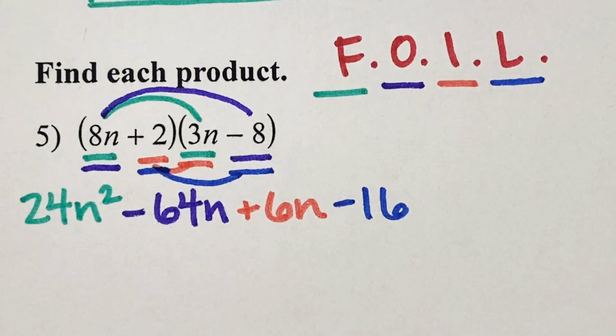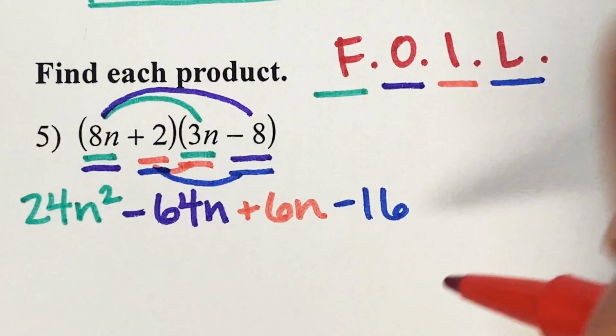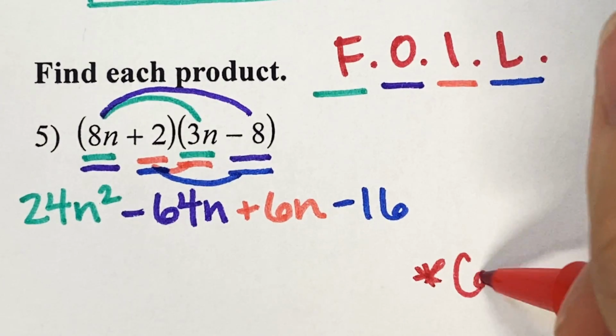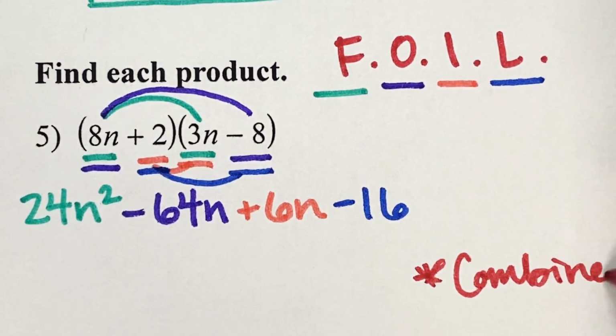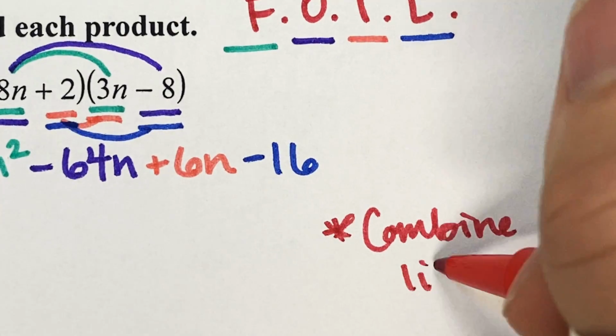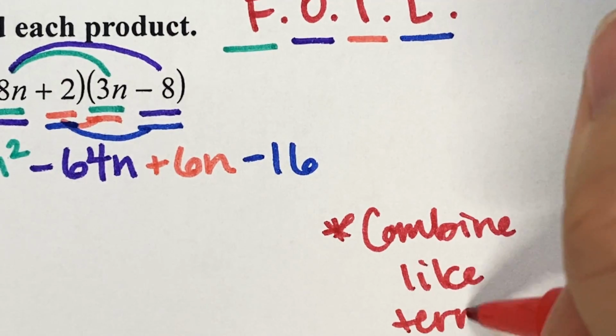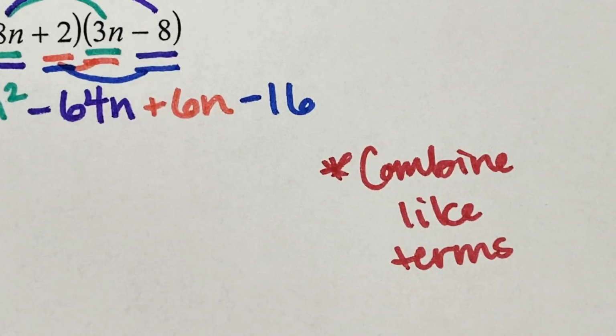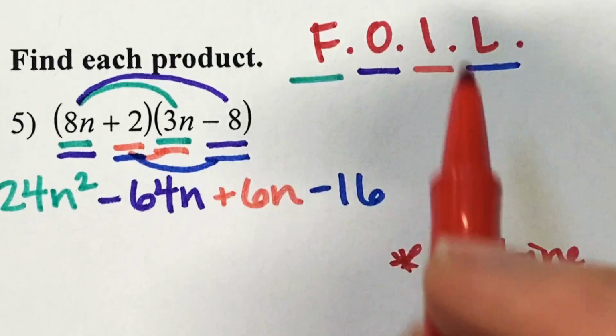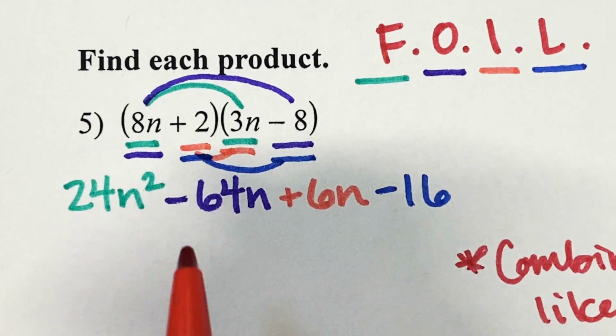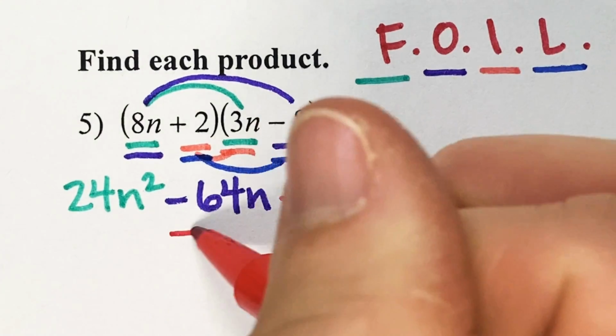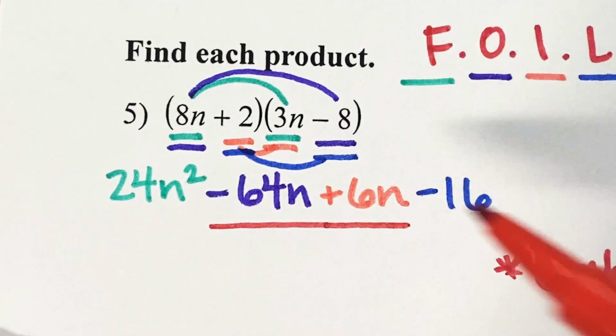Now our very last step is to, you guys are already so good at this, combine like terms. If you've followed FOIL correctly, your like terms are always going to be right next to each other, right in the middle.